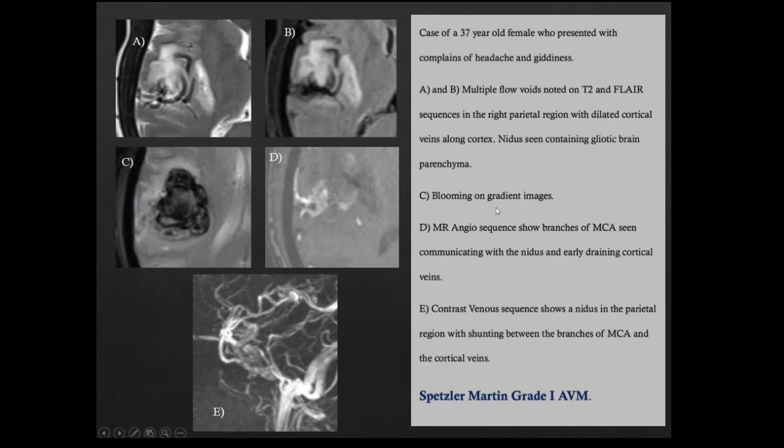Blooming can be appreciated on gradient images in figure C. On MR angio sequences, branches of the middle cerebral artery are seen communicating with the nidus and early draining cortical veins. Contrast venous sequences showed nidus in the parietal region with shunting between the branches of MCA and the cortical vein. Spetzler-Martin grade 1 arteriovenous malformation was diagnosed.